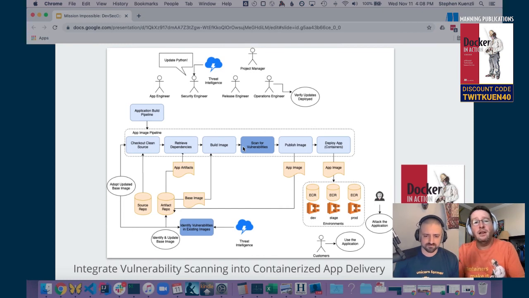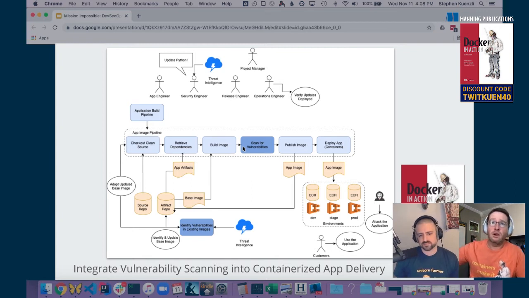Then you can choose whether or not it should be published, whether it's safe for publishing to the artifact repository according to your rules. Some of those rules are probably defined at the organizational level. Some are defined at the application level, so that you can say, we don't care about that SOAP vulnerability, let it through.